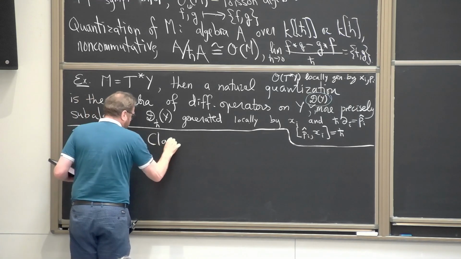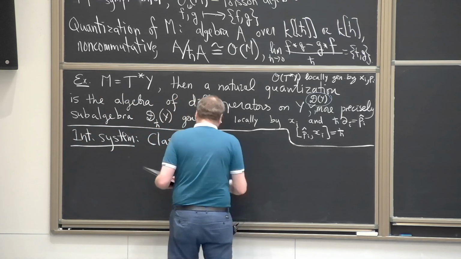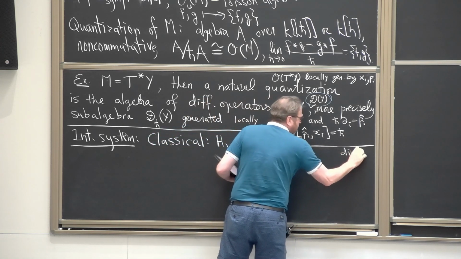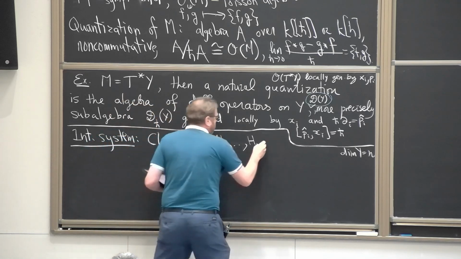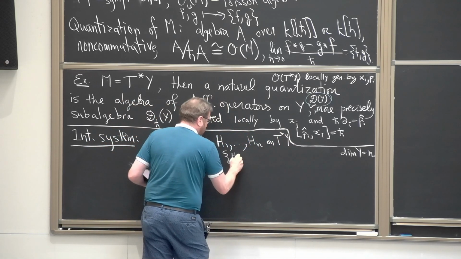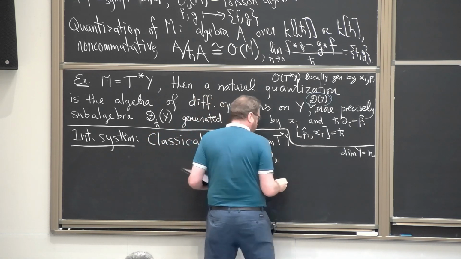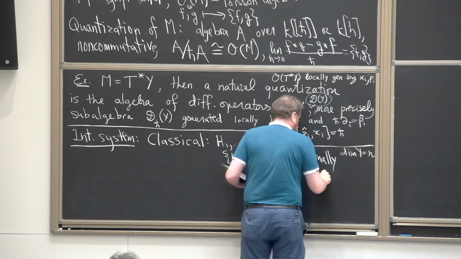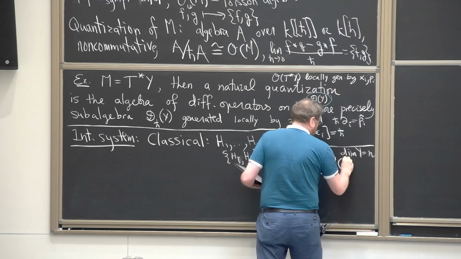Classically, this means that, supposing the dimension of Y equals n, I have some functions h_1 through h_n on T*Y which Poisson commute, they are in involution, and they are functionally independent. But in algebraic geometry, we should actually say algebraically independent.